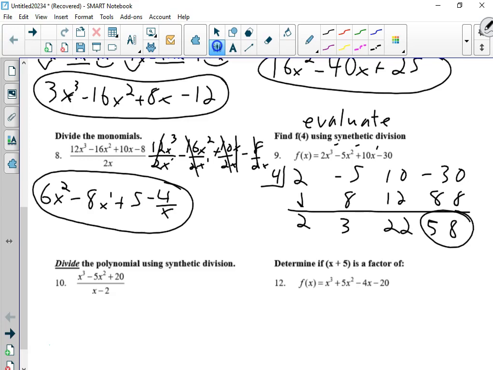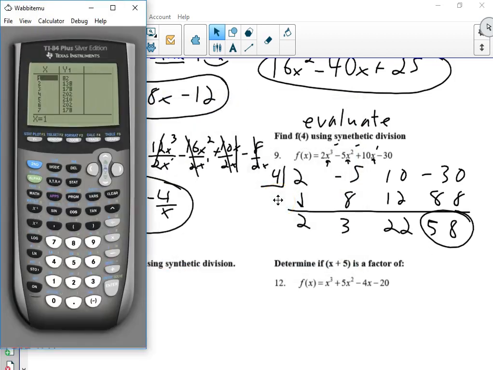Again, this is no different than just plugging a 4 in here, here, and here. If you want to confirm this answer, take your calculator and go to your y equals and put in 2x cubed to the third power. Come down.